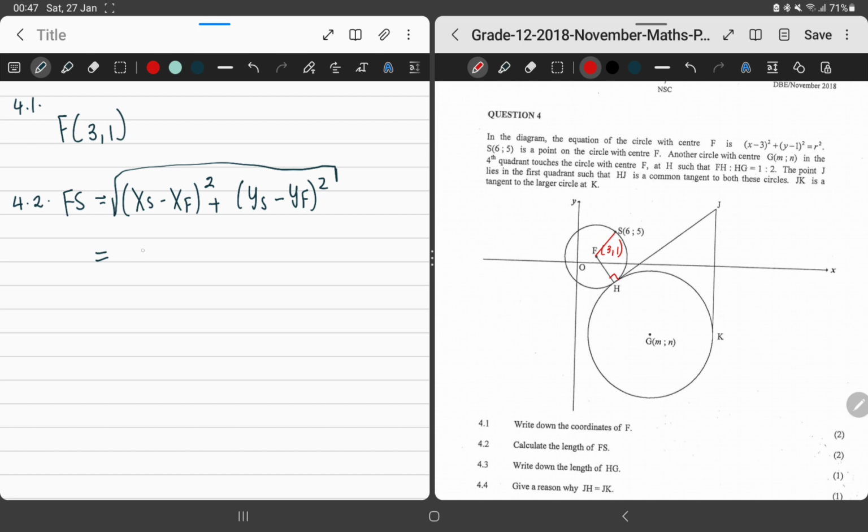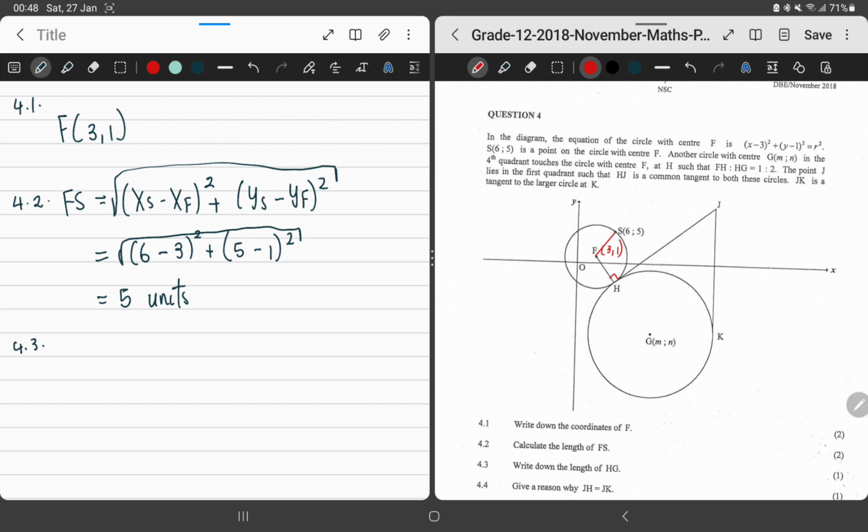X of S is 6, x of F is 3, squared, plus y of S, 5, minus 1, squared. 6 minus 3 squared plus 5 minus 1 squared. I am getting 5 units.